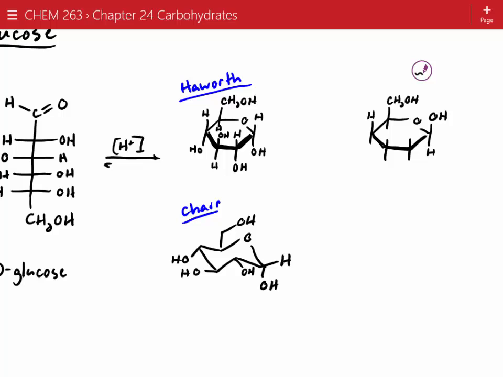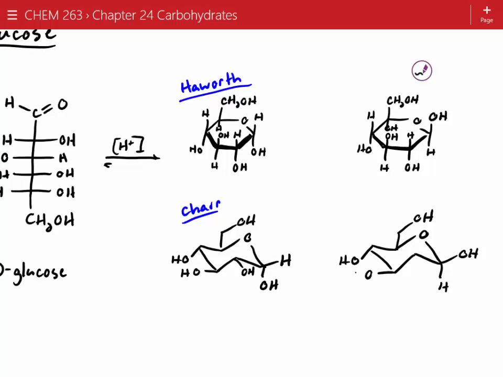Yeah, these are a pain to draw. So that's the other Haworth representation, and then the other chair representation looks like this.